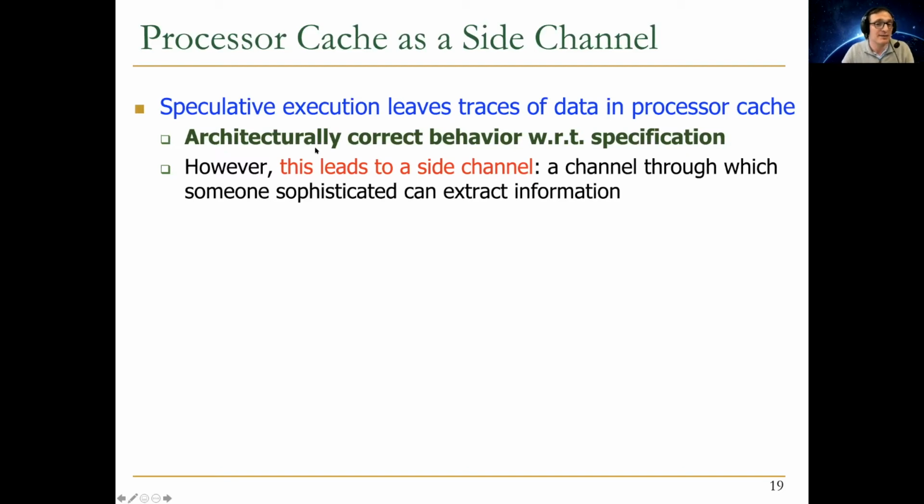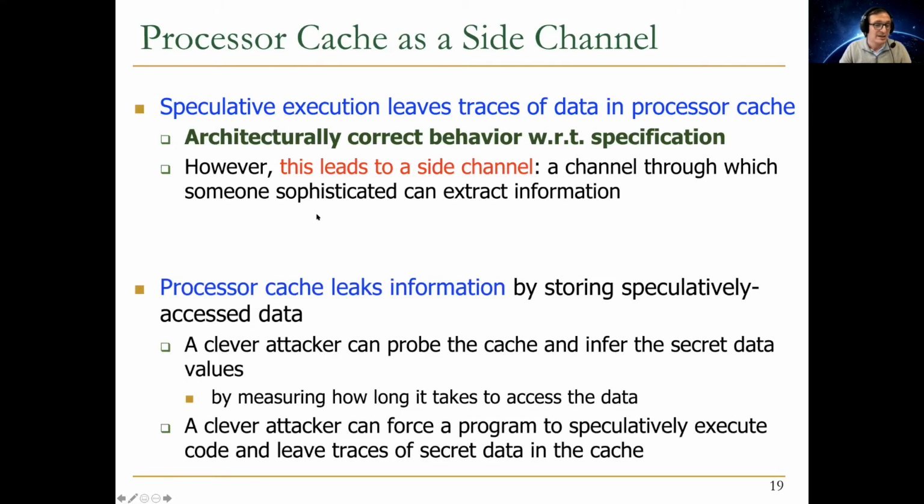So basically, speculative execution leaves traces of data in the processor cache, meaning this is not a problem architecturally. ISA doesn't say anything about this. Architecturally, this is correct behavior with respect to the specification, but this leads to a side channel through which someone sophisticated can extract information. In this case, the processor cache leaks information by storing speculatively accessed data, and a clever attacker can probe the cache and infer the secret data values by measuring how long it takes to access the data.